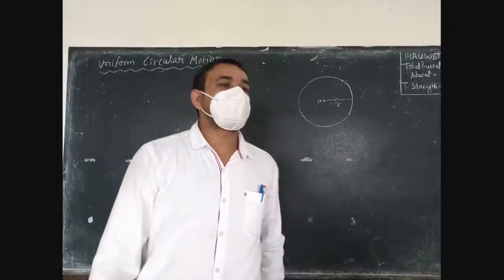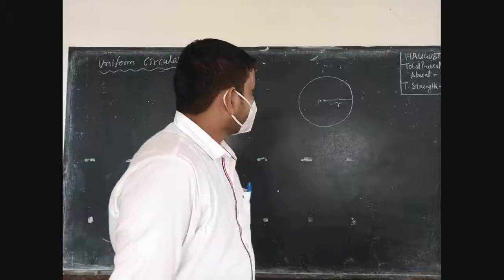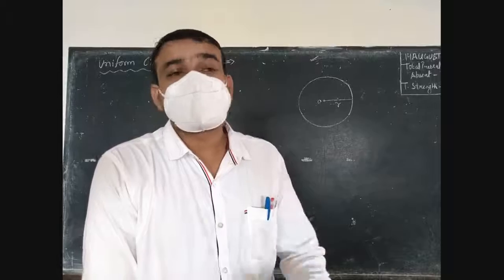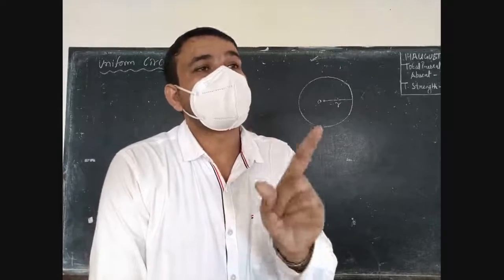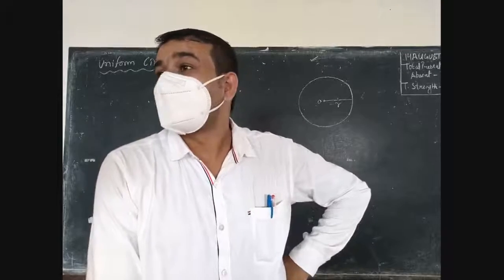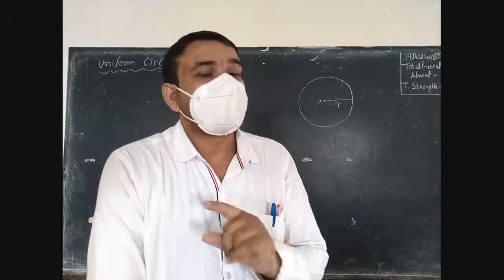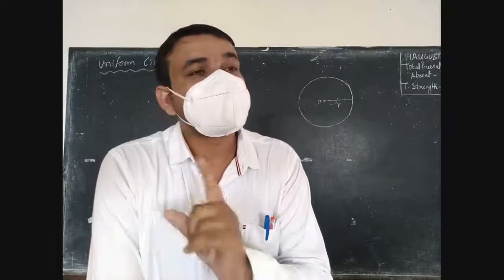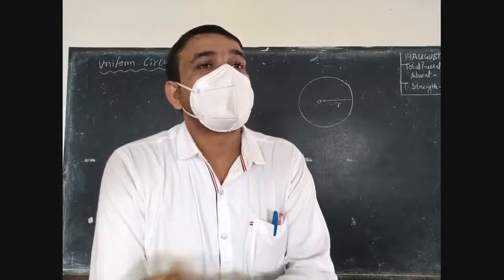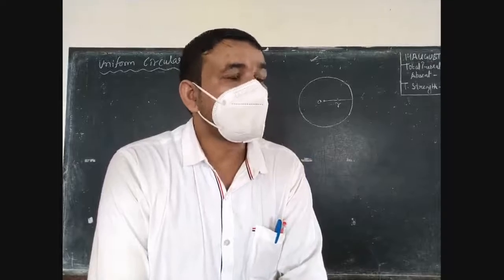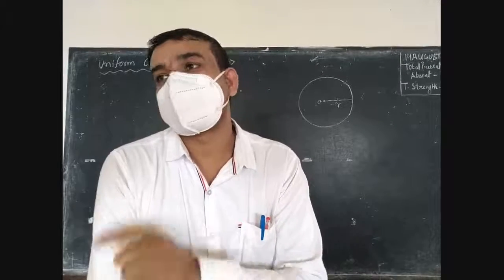Speed is constant with time, but its velocity is not constant, because it will be different for different instants of time. The direction of velocity of a particle executing circular motion is determined by drawing a tangent to the point on the circumference of its path.